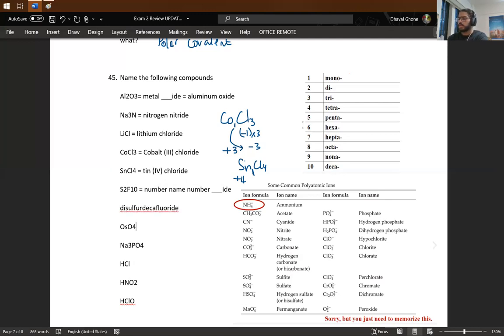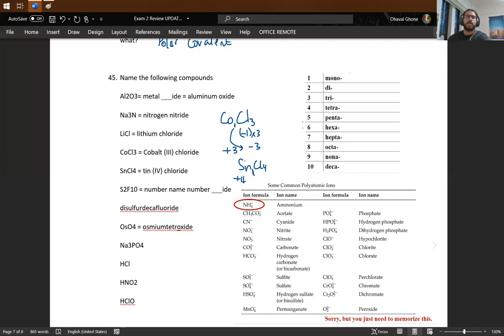Okay, next one. OS is osmium. Osmium is also another nonmetal. Now, osmium is only one, so you don't really have to mention mono for it. You can just write osmium. 4 means tetra, oxide. Another rule is if the number name has a vowel at the end, like here I have an A, and the name of the second element has a vowel to start with, like here oxide has an O, you can completely skip the last vowel of the number name.